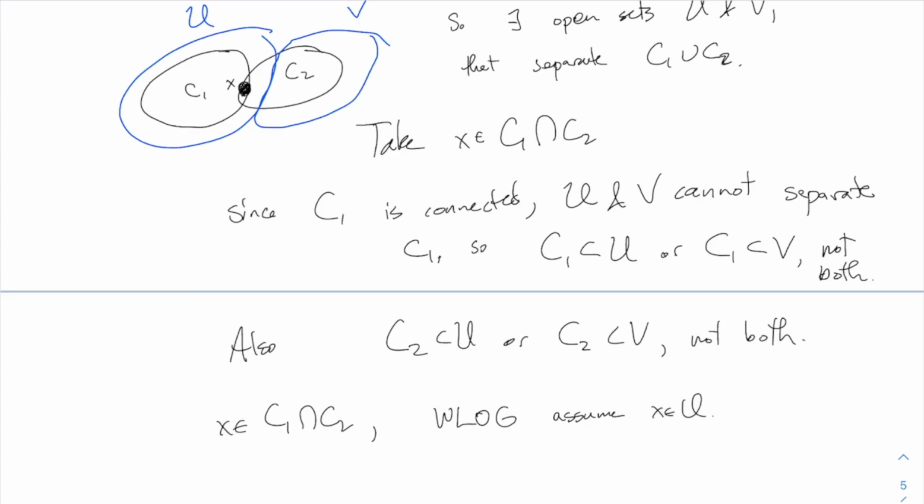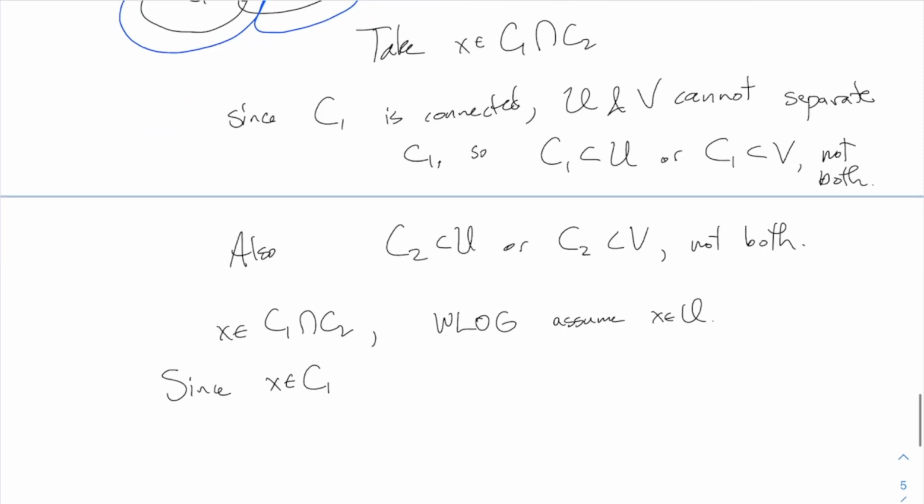Actually, the fact that X is in U tells you something about these things. We said C1 is in U or C1 is in V. Since X is in C1, this means C1 is actually a subset of U. We already said C1 is a subset of U or V, but not both.